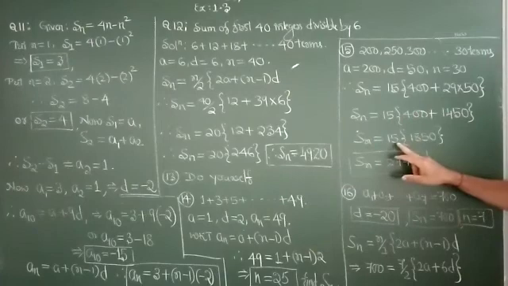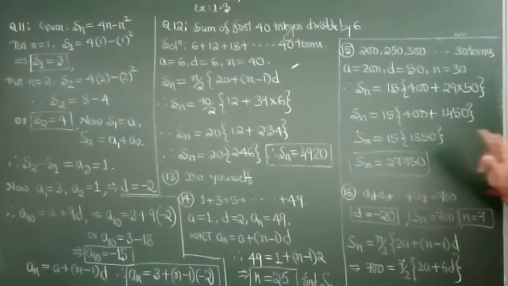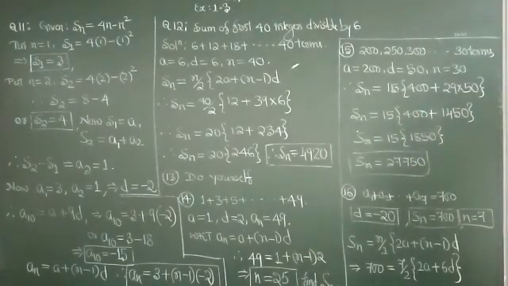I have got Sn equal to 15 into 1850. So the sum is 27,750. What is this? 27,750 rupees the contractor has to pay as penalty.